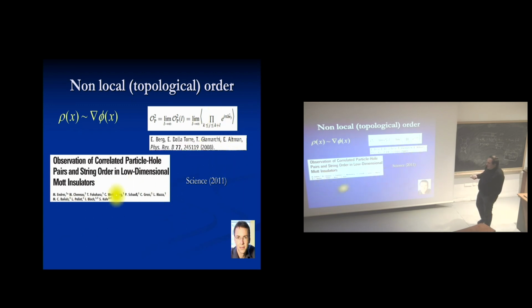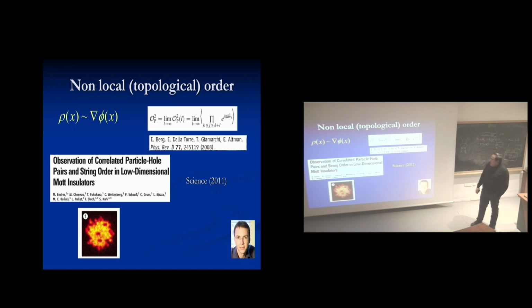And again, lo and behold, the group of Immanuel Bloch and Stefan Kuhr was the driving force in this study. Because they had a quantum microscope, because they could take a snapshot of the whole system, they could observe the fact that there was a string order in the Mott insulator. So here is an image of their Mott insulator.